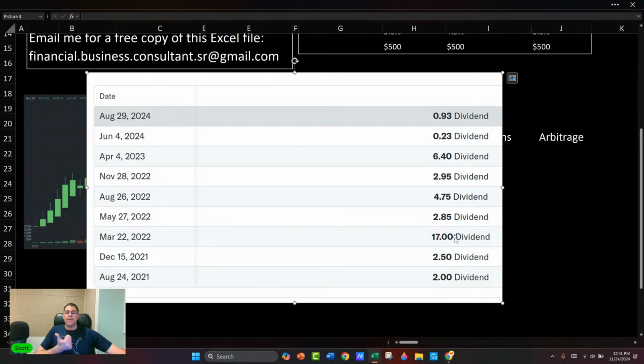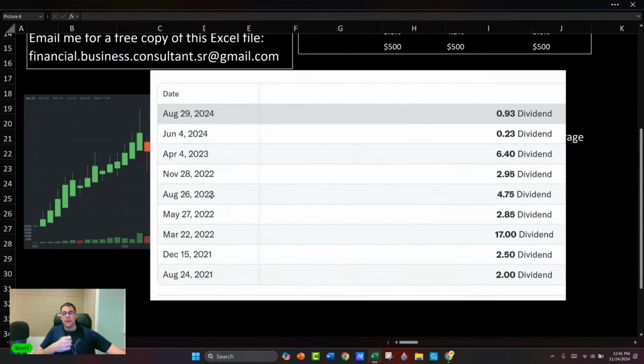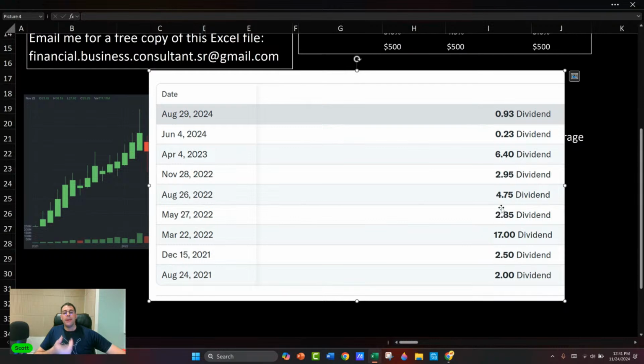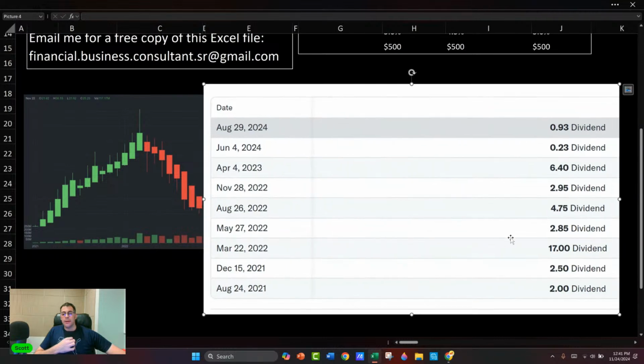So they paid a $17 dividend in March 2022, and then they cut it to $2.85. And that coincides with the sell-off. But people probably shouldn't have sold off because they were still paying a dividend.